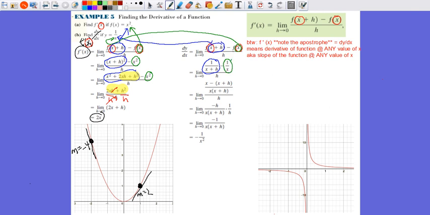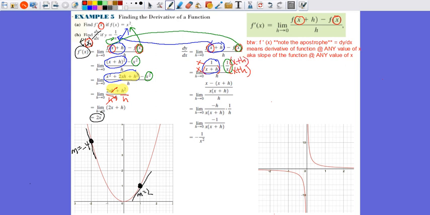And then you just combine the fractions using the LCM. This is basically missing an x, and what you do on bottom, you have to do on top. This is basically missing an x plus h. What you do on bottom, you do on top.